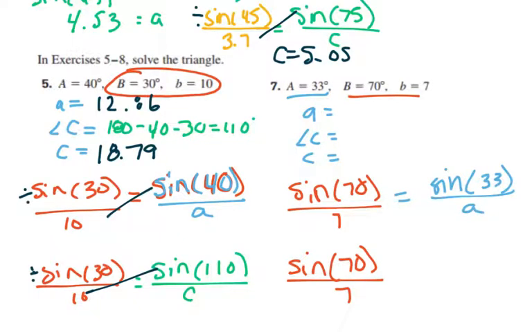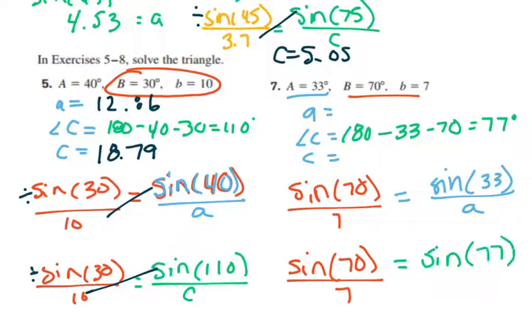And then again to find C, we're going to do 180 minus the two angle measures we already have, 33 and 70. And so that's 77 degrees. So that means we're going to do sine of 77 over our C value that we don't know.